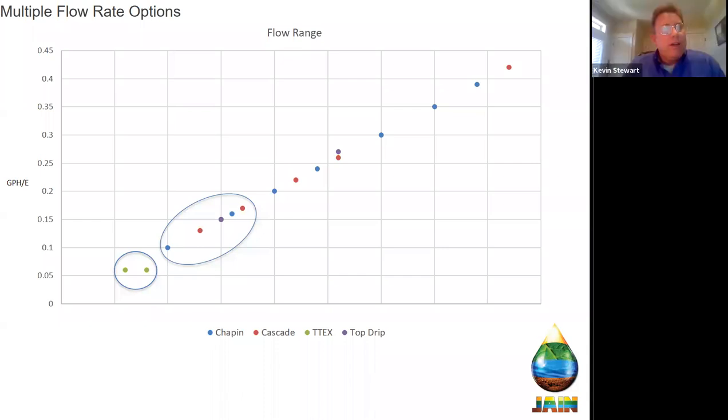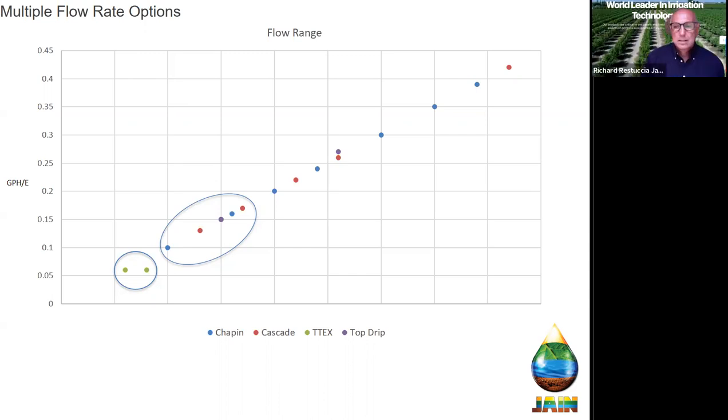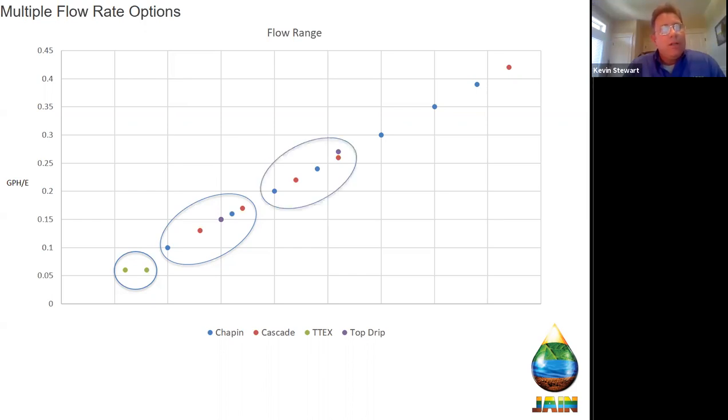The next 5 flow rates, and I didn't really think about this too long, I would kind of consider more of our low flow products. They range from 0.10 to about 0.17, again gallons per hour per emitter. And then we've got our medium flow products and our high flow products.